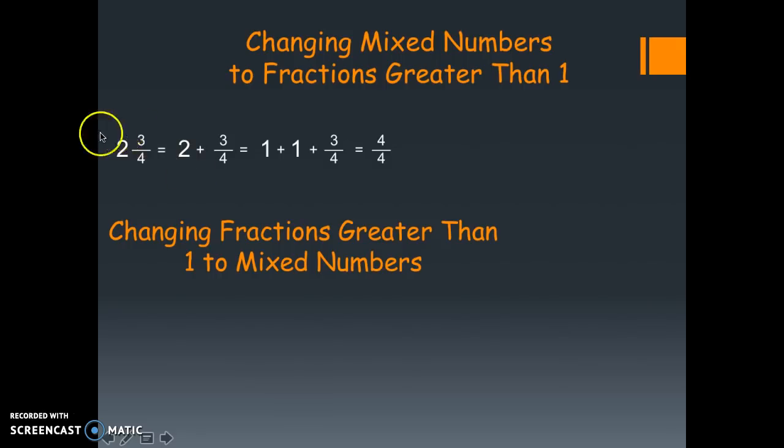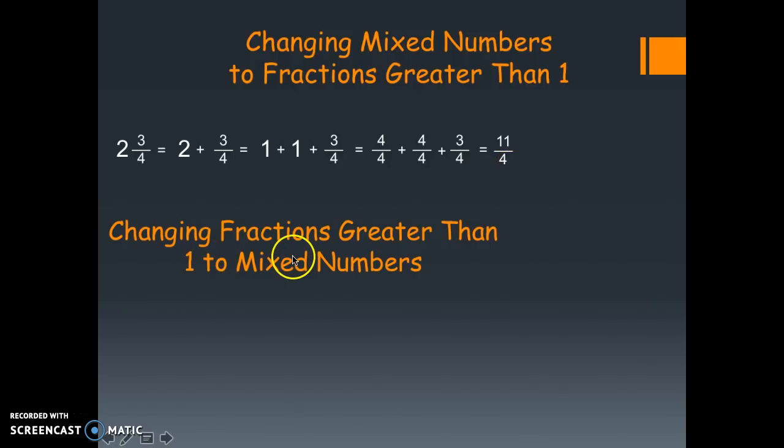So this one right here is turned into 4/4. So now we're going to change this one right here into 4/4 plus the 3/4. So altogether we have 4 plus 4 is 8 plus 3 more equals 11/4. So we just turned 2 3/4, a mixed number, into a fraction, an improper fraction, which means it's greater than 1.